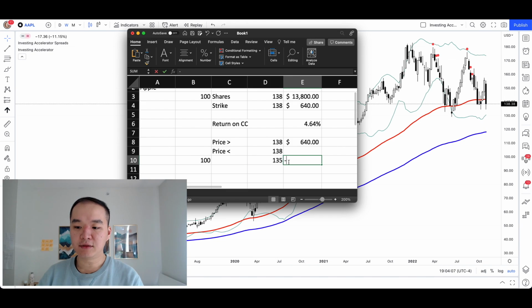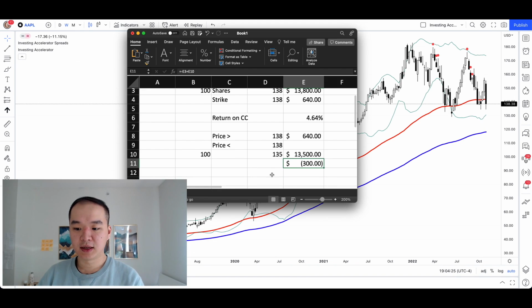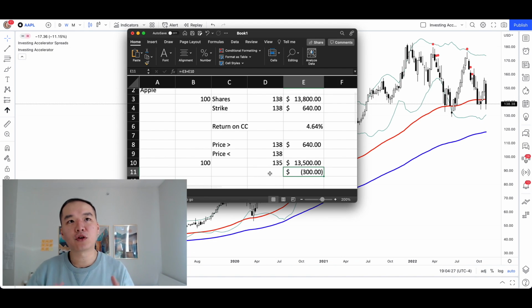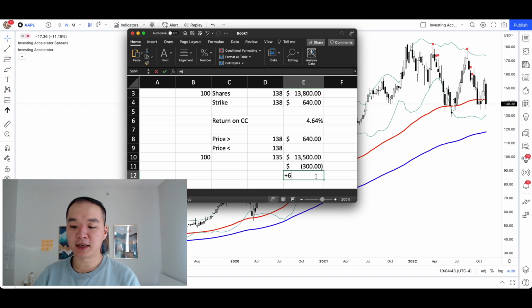Then your shares are worth 13,500, and that means you have an unrealized loss of $300. Now, if you're normally just buying 100 shares of Apple, then yes, you will be losing $300. But because you have the covered call, that call will be expiring worthless, and you sold that call, so you earned this $640. So you actually have this plus 640.